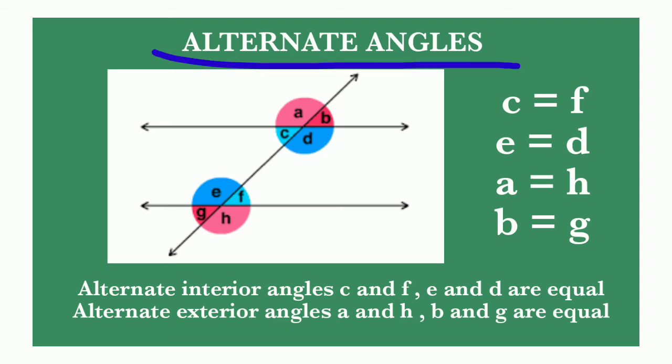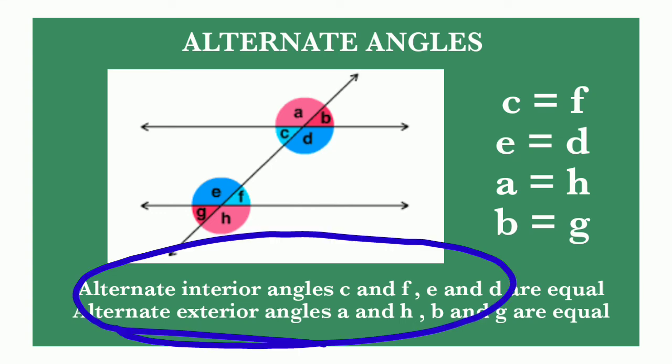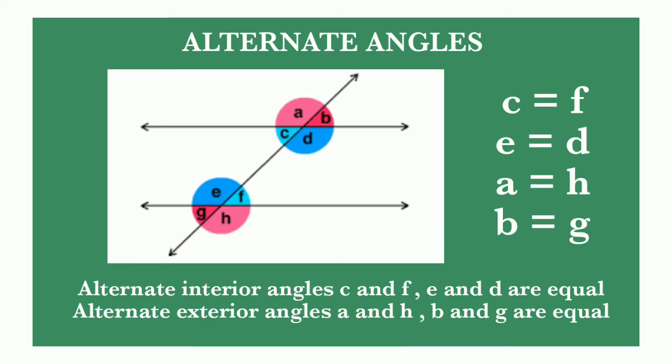The next one, alternate angles. We have two kinds of alternate angles: alternate interior angles and alternate exterior angles. Here alternate interior angles are C and F, E and D, and they are equal. Very important: alternate interior angles are equal. Then alternate exterior angles, that is angle A and angle H, angle B and angle G, are equal.